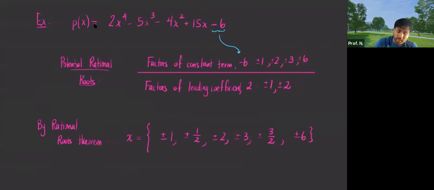So in reality, what do I have? I got 2, 4, 6, 8, 10, 12. I have 12 possibilities for the root to be rational for this polynomial. I got 12. But then looking at this polynomial, do you guys know how many roots exist?